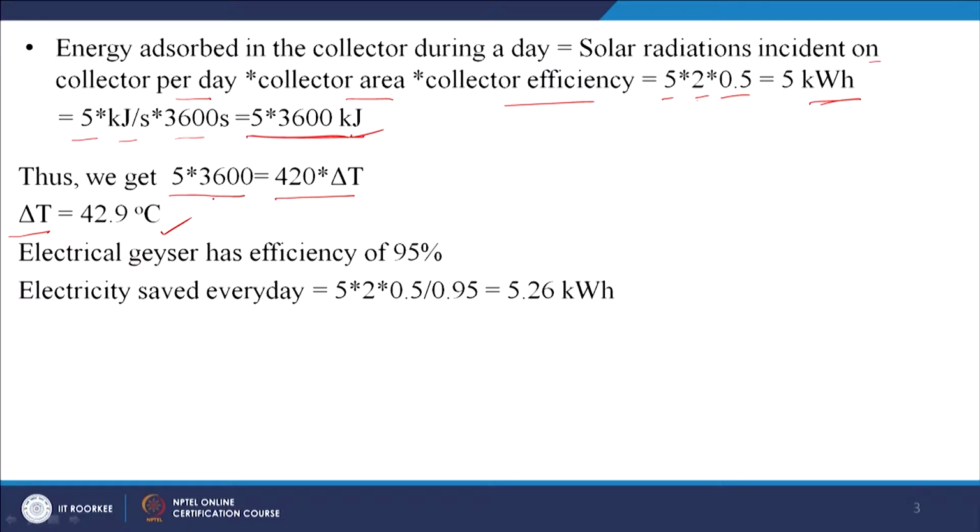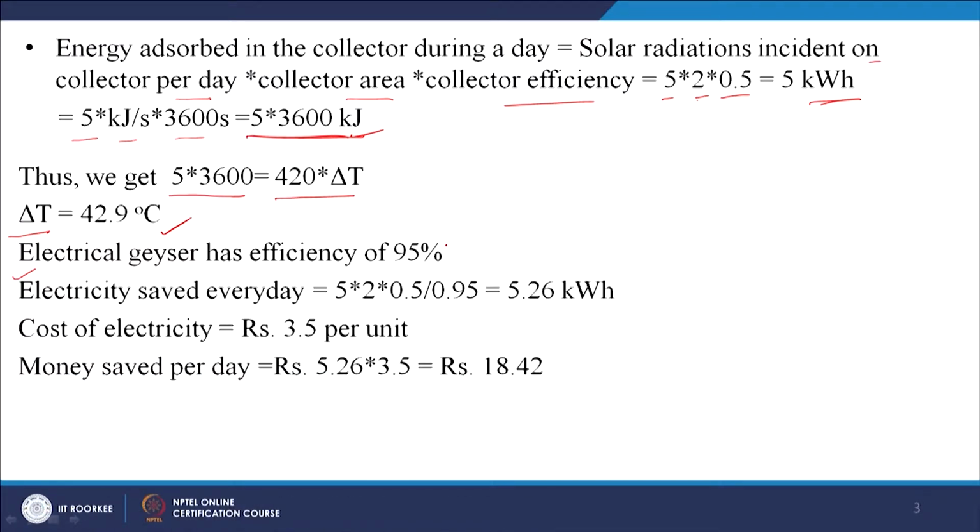Now the next part of the problem we have to solve. Here the electrical geyser has an efficiency of 95%, it is given. So, electricity saved is equal to how much? Whatever amount of energy is converted by the solar system and given to the water would have come from electricity.